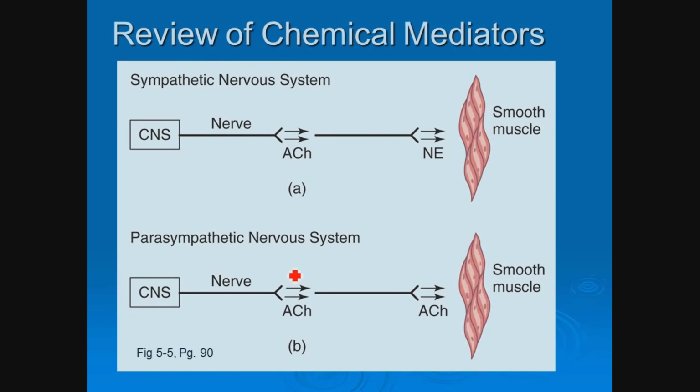We know that there's different neurotransmitters that are present. Again, this is all from prior, we've talked about before, with this being a muscarinic, this being a nicotinic, and this being either an alpha, beta 1 or beta 2 sympathetic.